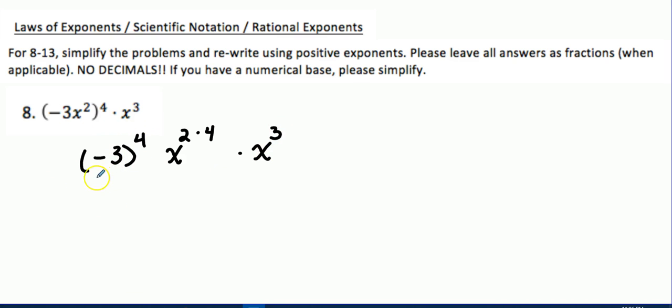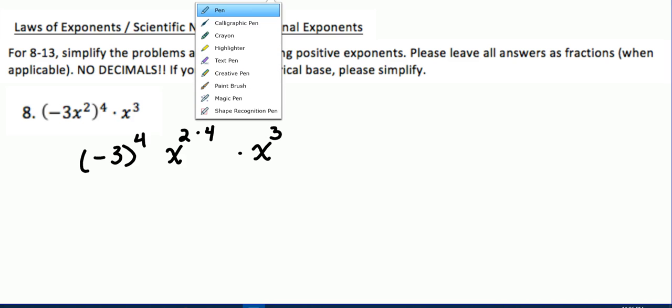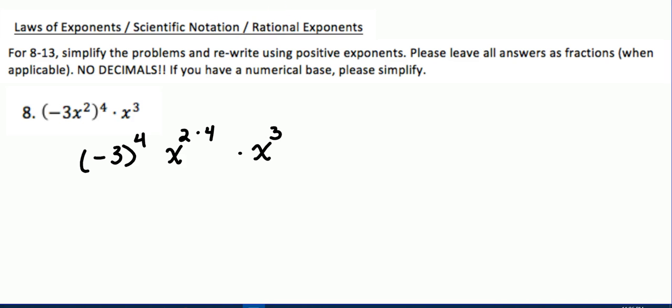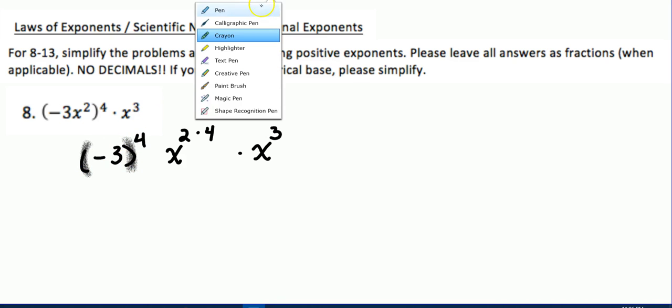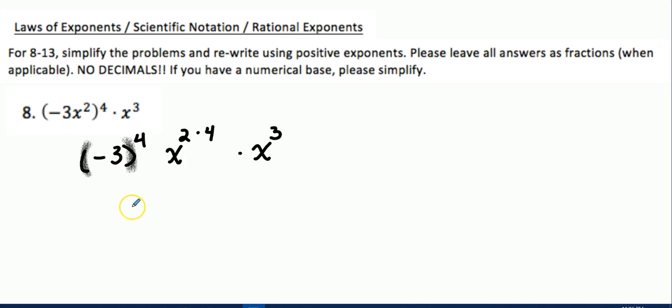This I'm going to use a calculator for, and I'm going to make sure I put parentheses. Please, for the love of all things that are necessary in life, put the parentheses, and you end up getting out 81, a positive 81, times, this is going to be x to the 8th, 8, not 6, Mr. Lakin, that's an 8, and then times x to the third.